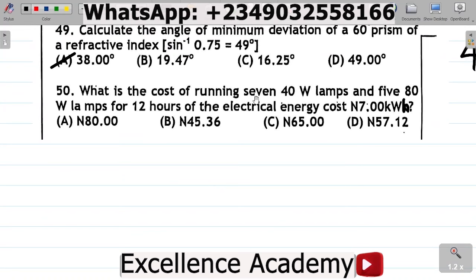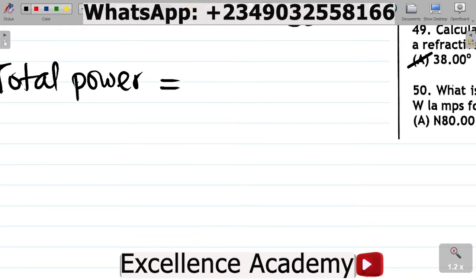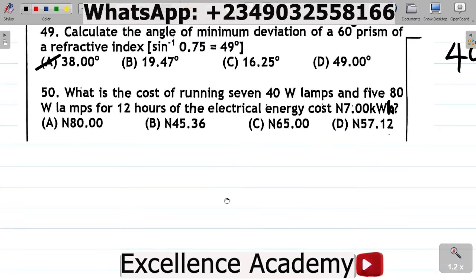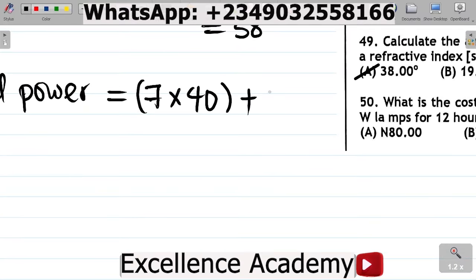They said 7 40-watt lamps, so it becomes 7 times 40, plus the other one that we have, 5 80-watt lamps, so 5 times 80.